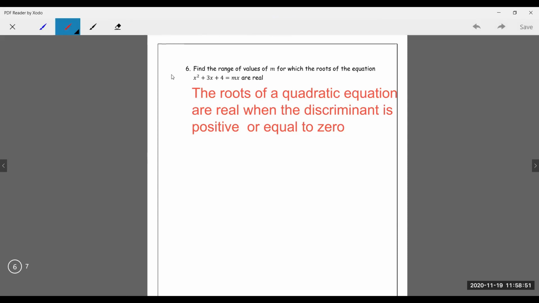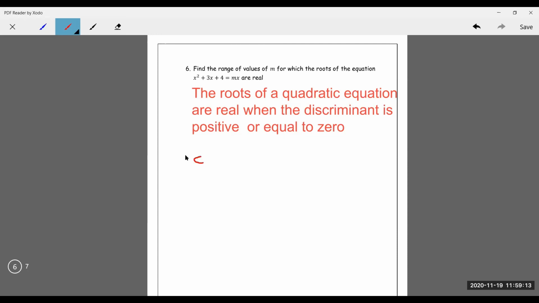All right, and so what we're virtually saying is x squared, the coefficient of a is 1, the coefficient of b here is 3, and the constant c is 4, and that's equal to mx. We first need to put this in standard form.